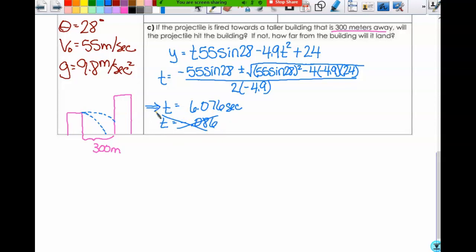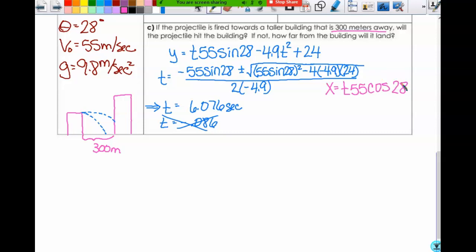So I need to see how far that is when it hits the ground. Because if it's farther than 300 meters, then it'll hit the building. If it's less than 300 meters, then it won't hit the building. So my horizontal was x equals t times 55 times the cosine of 28. That's how I find the horizontal distance.